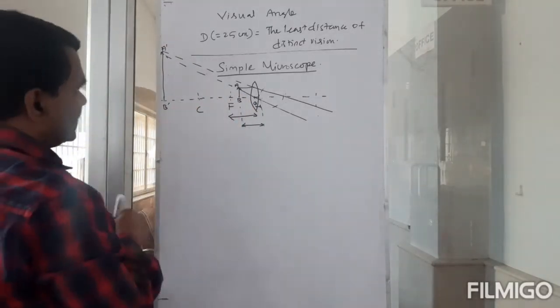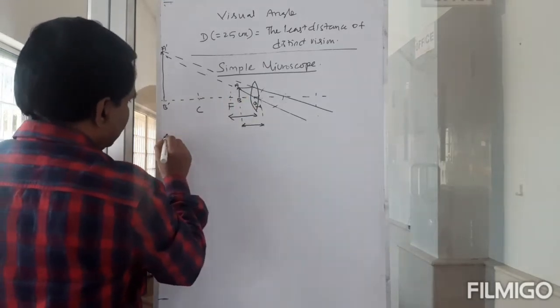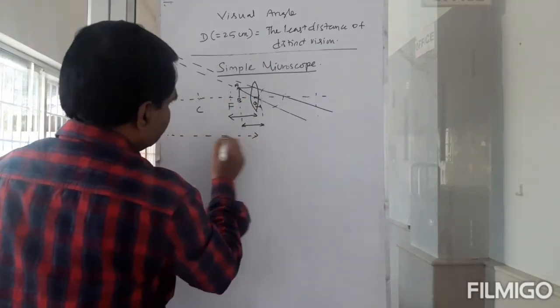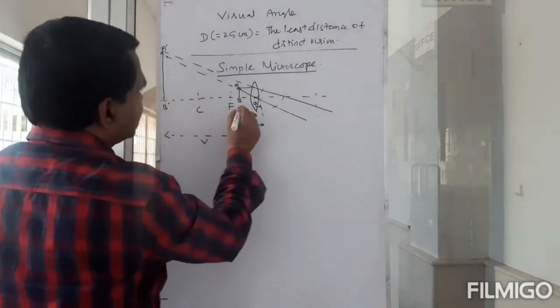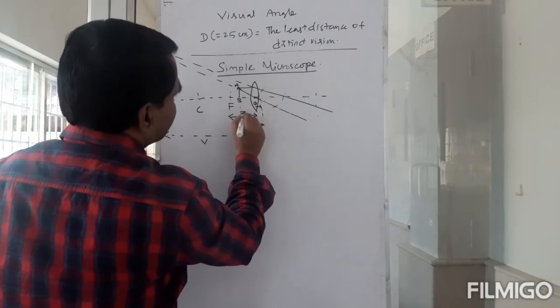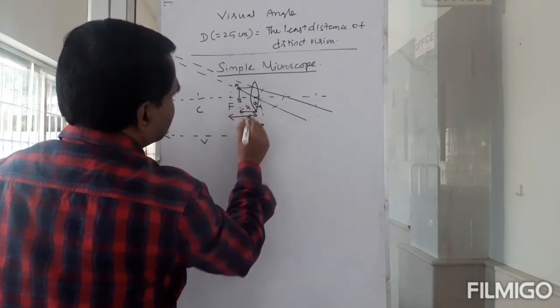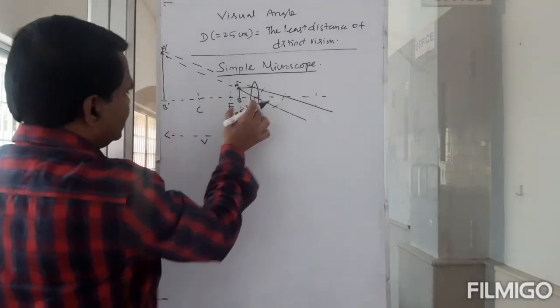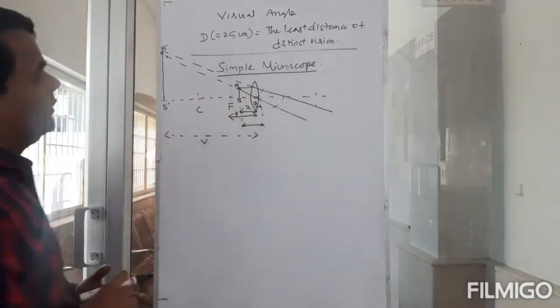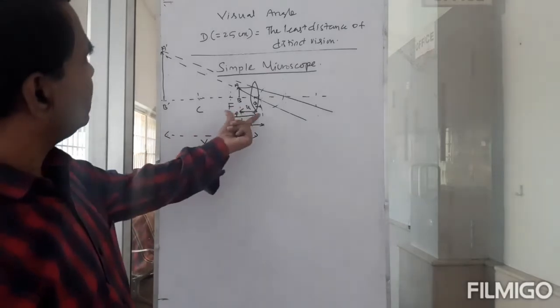Now, this distance, which is V, is where the image is formed, and this will be U, and this is going to be F. So U, V, F. Look at this.